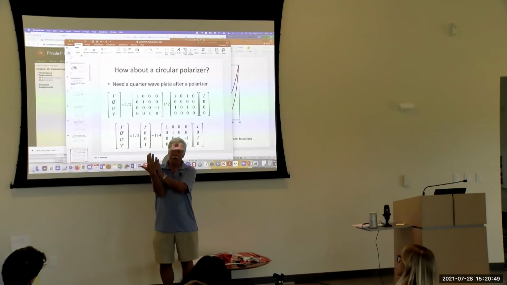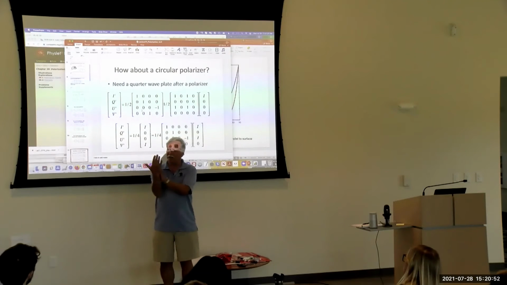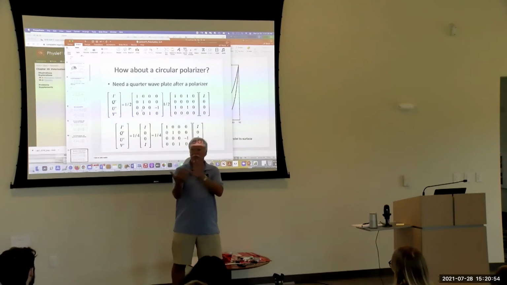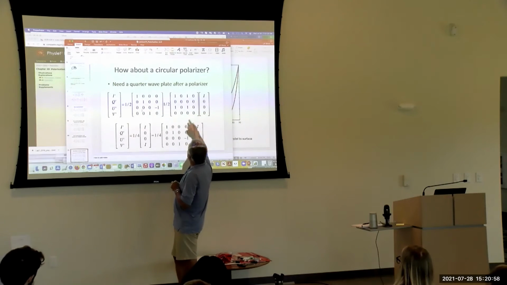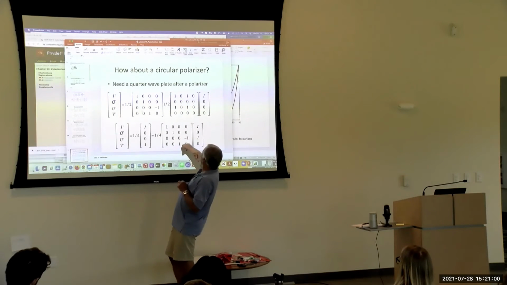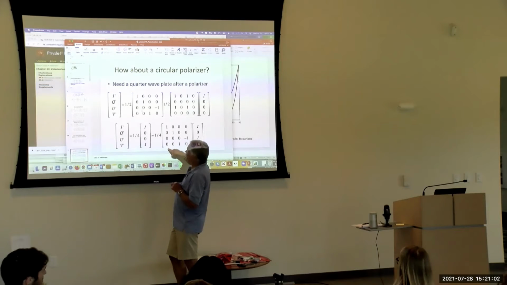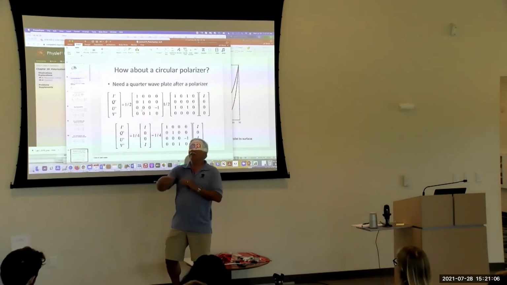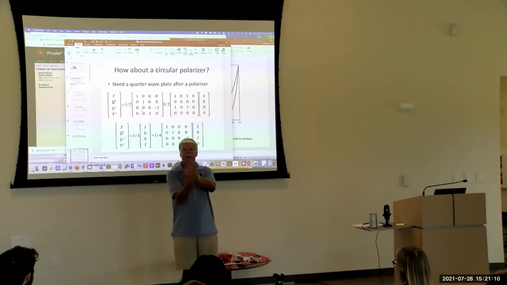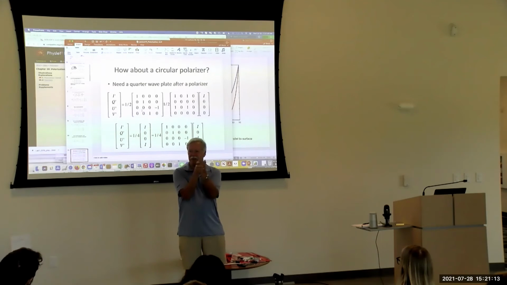Nothing. If you start with unpolarized light and multiply it by this matrix, all you end up with is unpolarized light again. But then it'll go into a polarizer and become linearly polarized. So a circular polarizer depends on which way you face it, what it's going to do.